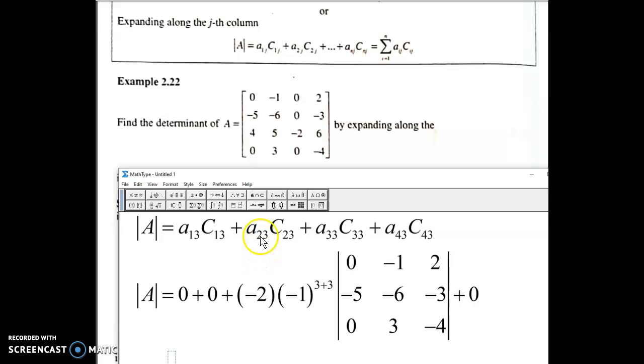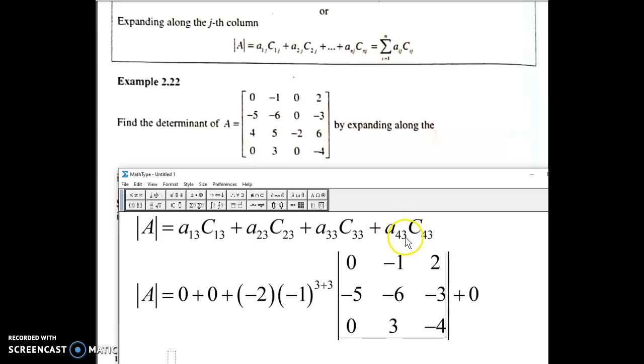So we have A33, which is -2, times the cofactor. This is the formula of the cofactor: -1 to the power of i plus j, which is 3 plus 3, and then the minor for 3, 3, which is 0, -1, 2, -5, -6, -3, and 0, 3, -4.